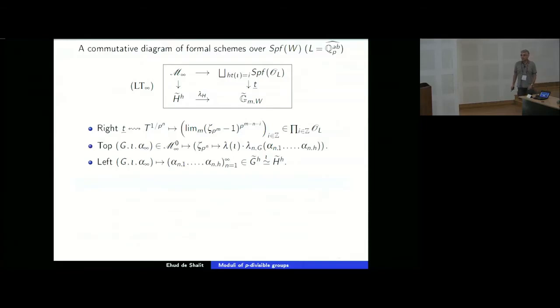So now we can make, using this beautiful determinant, a diagram. And let's go very slowly over this diagram that is in the box. So on the bottom row, we have the h-fold product of the universal covering of our fixed H, okay?